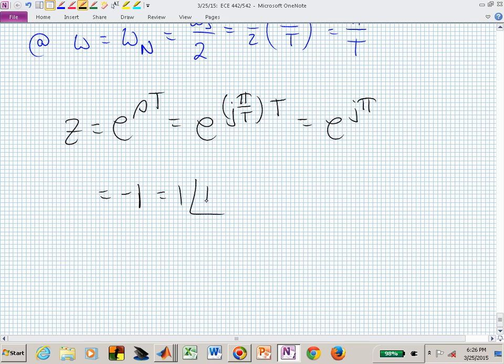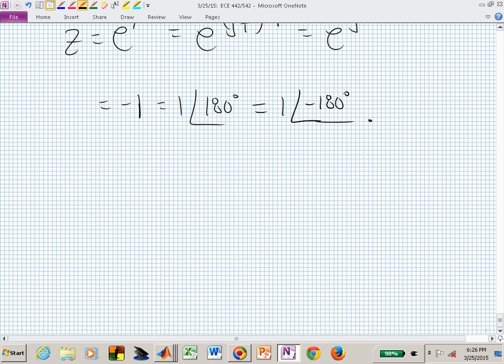Or that's 1 at 180 degrees, or 1 at -180 degrees. And that's where this -1 comes in. That's the highest frequency that we have in our digital system. That's why -1 can look like a very fast frequency in our description, when we're talking about this point, -1.